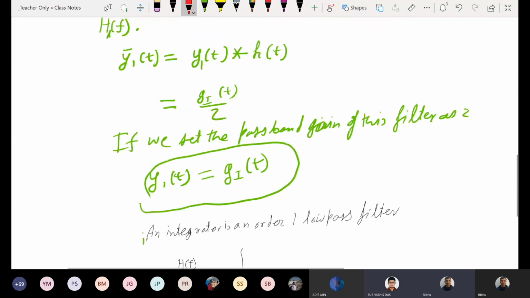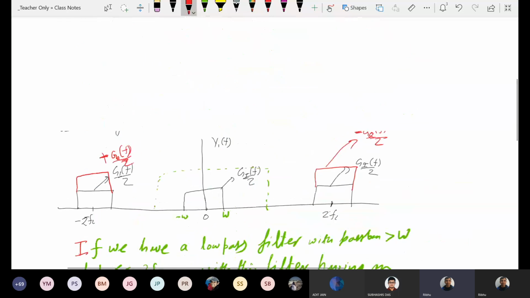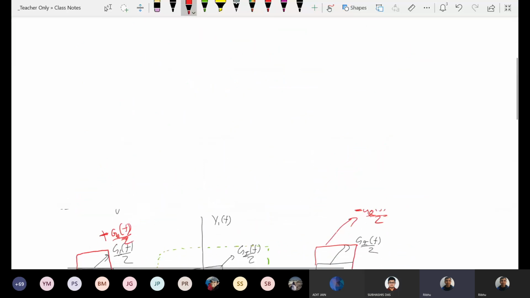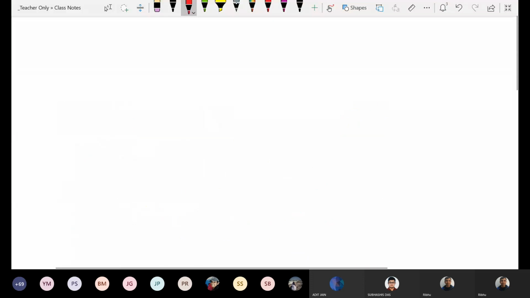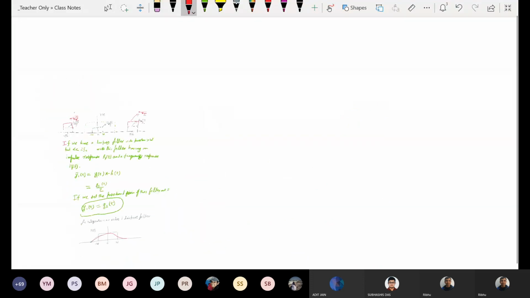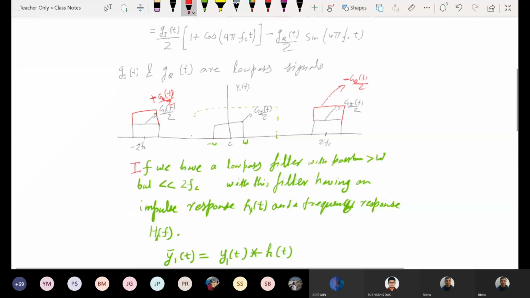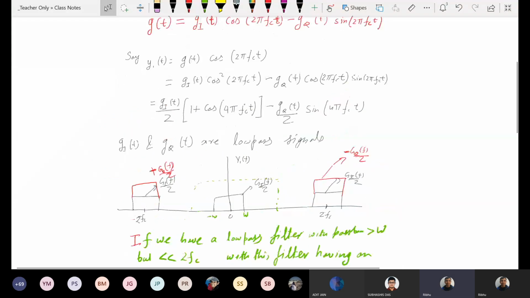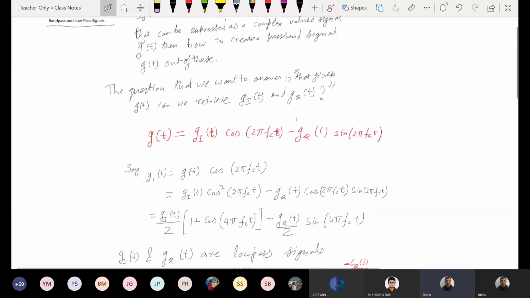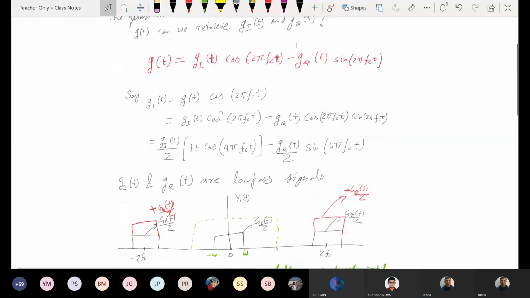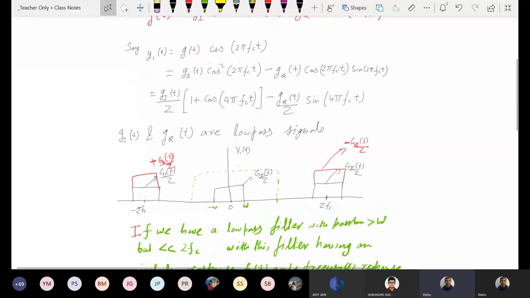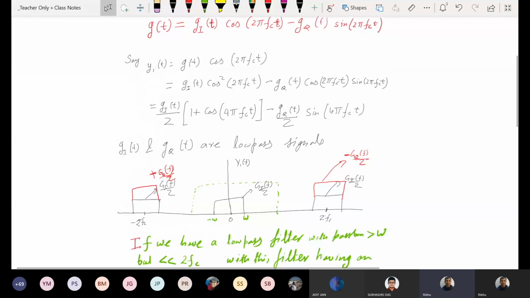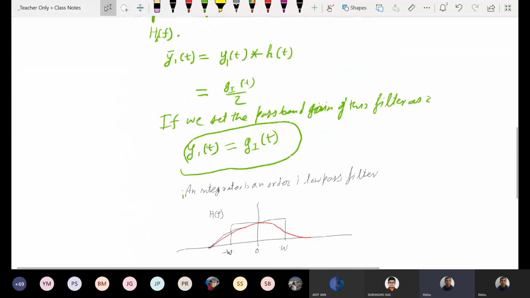Now let's look at the direct time domain implications of using this integrator. Here are the equations. Let's say we had y1t is git plus all this stuff.